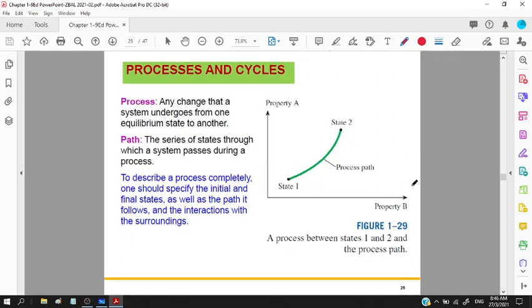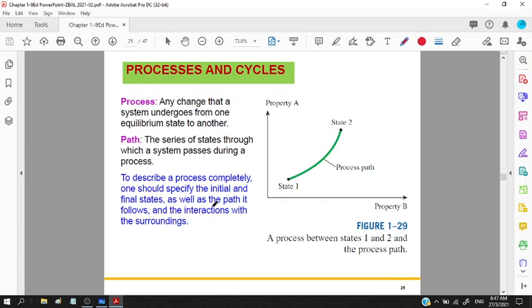Now we go for the processes and cycle. A process is any change that a system undergoes from one equilibrium state to another state. And this process in thermodynamics will have a path.